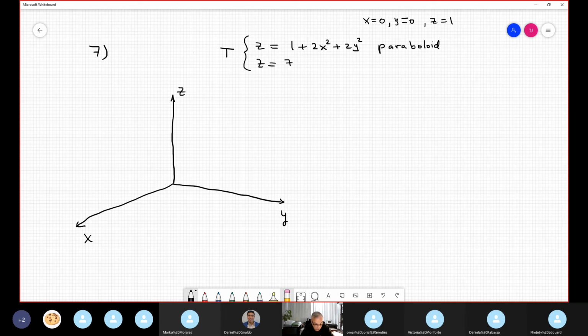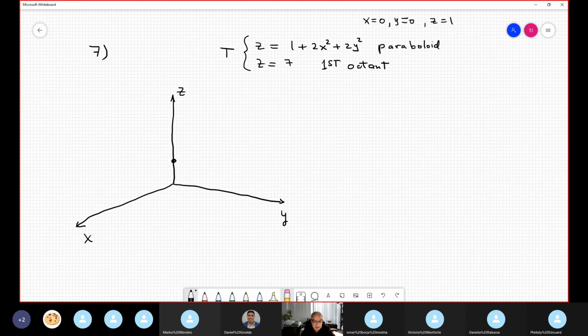And I just forgot something. First octant. Remember what it means to be first octant, no? So, I discovered that the z-intercept is 1, and the paraboloid opens up like that.